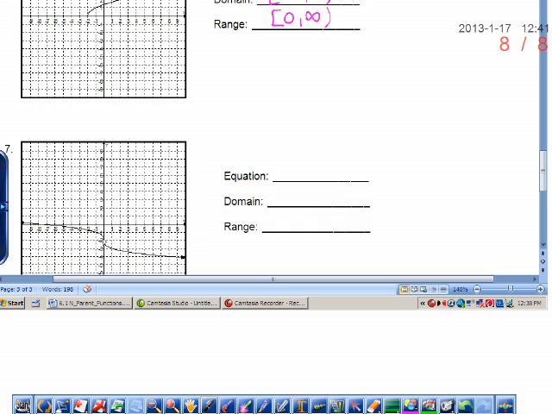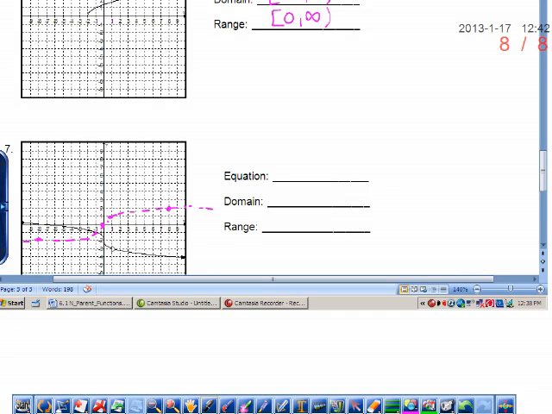Picture your parent function. This is a sneaky one. You could reflect across y and then go down 2, or you could reflect across x and go down 2. So either one in this case is acceptable.